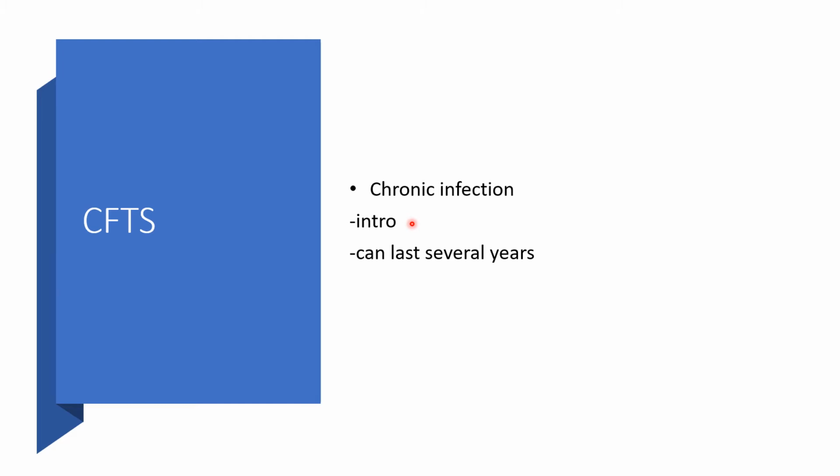It will become chronic if it is not treated or not well treated. And this can take many years, decades. It can last as long as 30 years. Adult worms can last up to that.